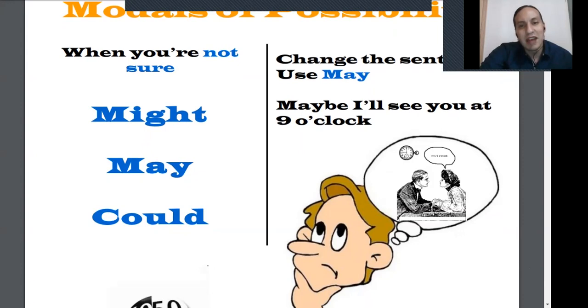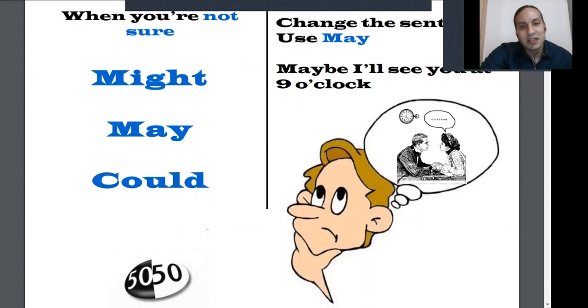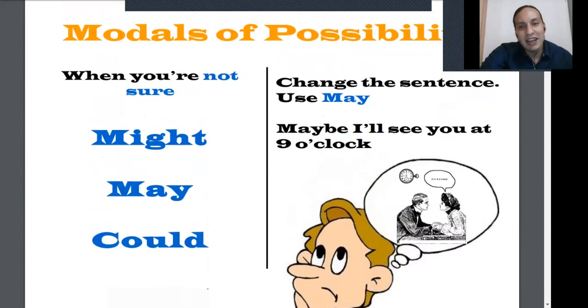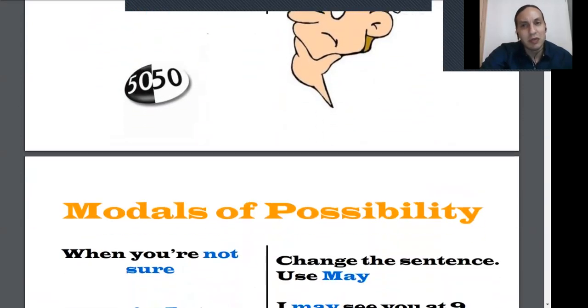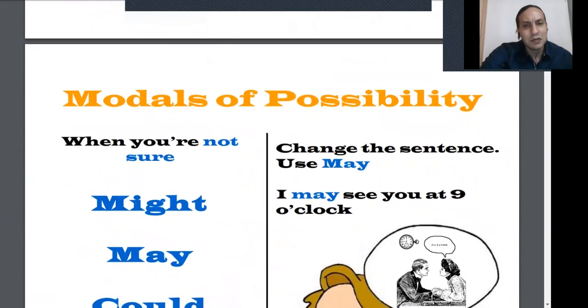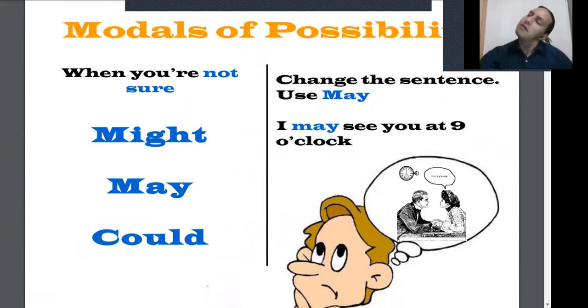Maybe I'll see you at 9 o'clock. Or you could say, I may see you at 9 o'clock. You put the I, then the may, and you erase the be and the will. Different ways to form sentences. Change the sentence and use may.